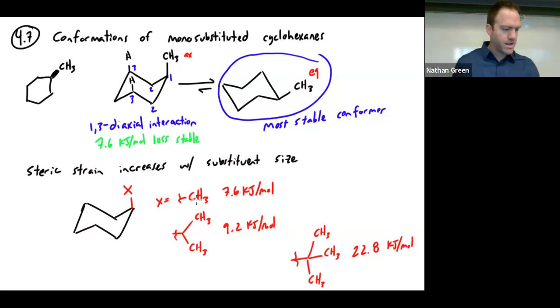You can see what's happening when I go from methyl to isopropyl to T-butyl. We are exponentially increasing the amount of energy that we have to pay to put these big groups into axial positions. If you have a T-butyl group on a cyclohexane, get it off the axial position, right? If the T-butyl group is facing straight up, it takes up way too much space. So we want to tilt it away and make it equatorial as quickly as possible, because we pay a huge penalty to put big groups in that position.